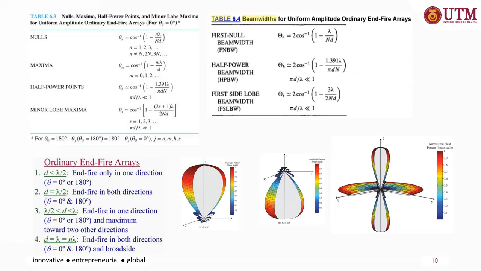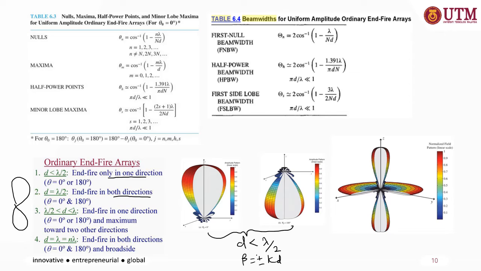If d is less than lambda over 2, you'll get the maximum direction in only one direction, theta equal to 0 or 180 degrees. But it depends on the beta, whether it is positive or negative kd, which determines whether the maximum radiation direction is 0 degrees or 180 degrees. If d is equal to lambda over 2, it has both directions, meaning you have both the maximum at 0 degrees and 180 degrees.